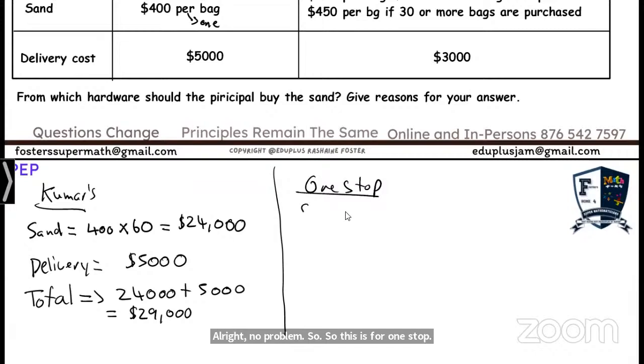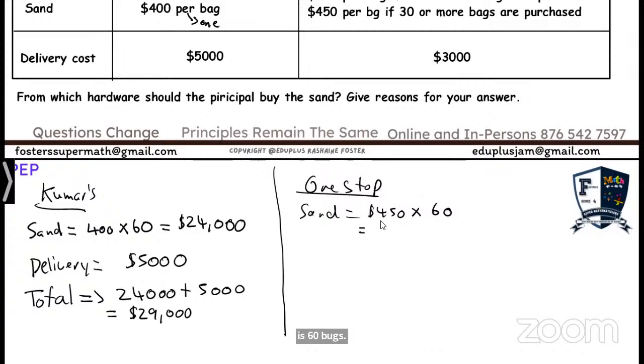So for the sand, we're paying a cost of 450 per bag. It is 60 bags. How much money for the sand right there? Come on, just normal multiplication. Somebody says 27,000. Do we agree with 27,000?